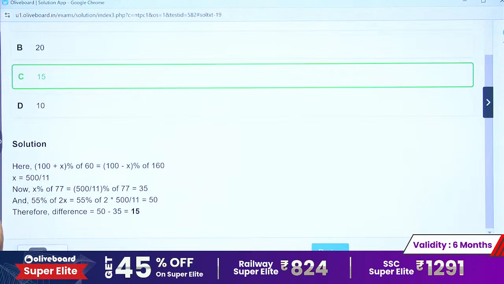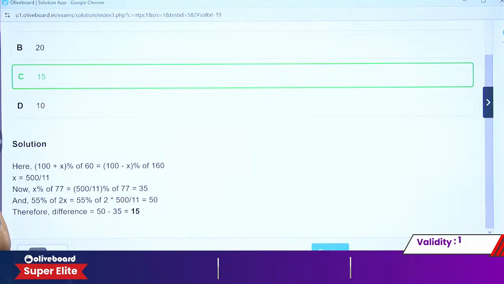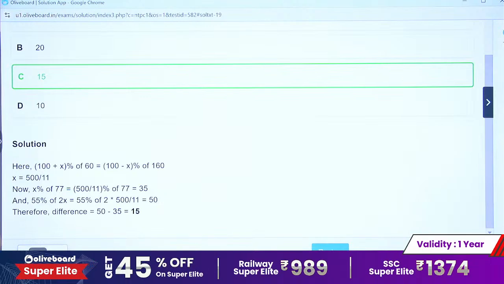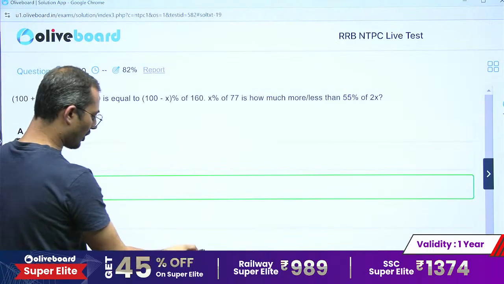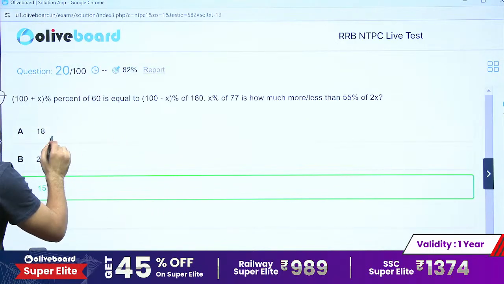So we got x is what? x is equal to 500 by 11. I think we committed a mistake. See, we have done a mistake. Yes. See, now solve it again, right?